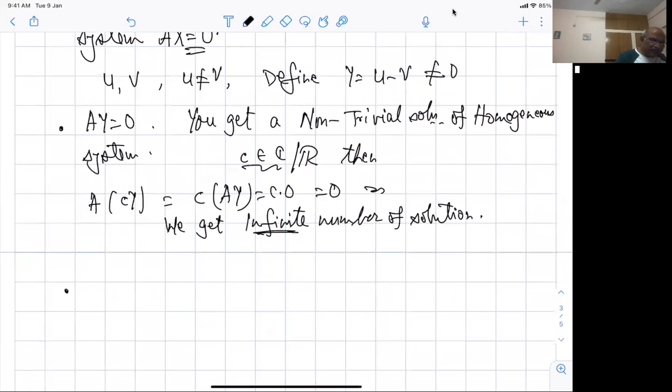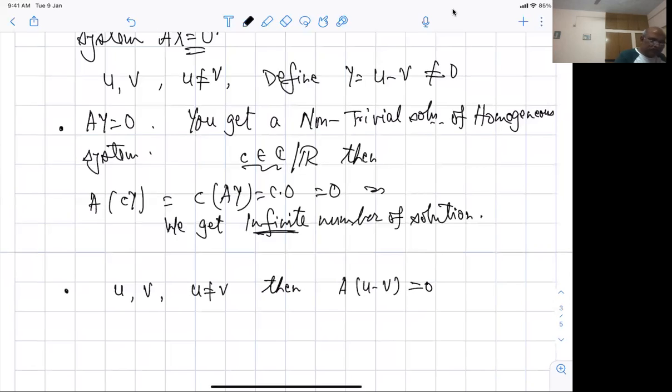Another thing I would like you to understand is that if U and V are solutions and U is not equal to V, then A of U minus V is equal to 0.